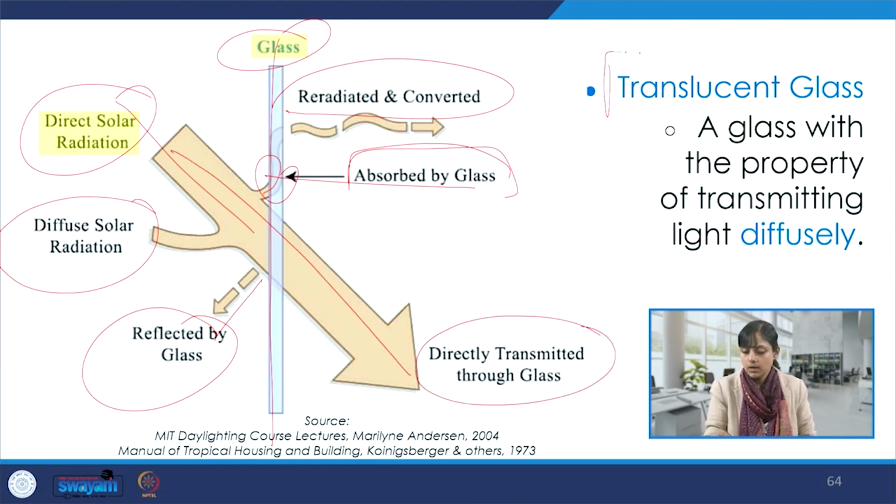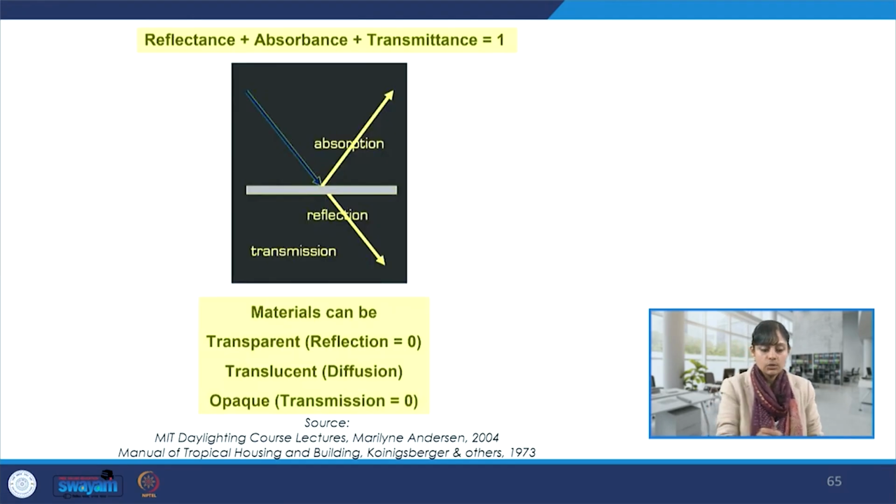So when we talk about glasses like translucent glass, it is a glass with the property of transmitting light diffusely. So ideally, reflectance, absorbance and transmittance should be equal to 1 as per this equation.